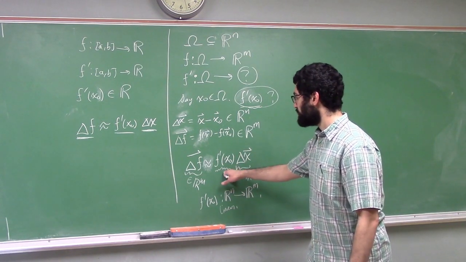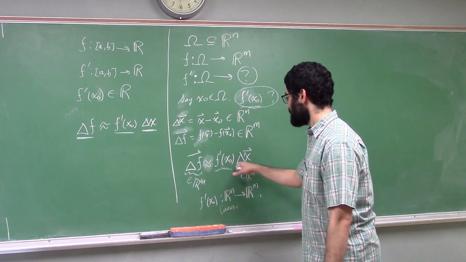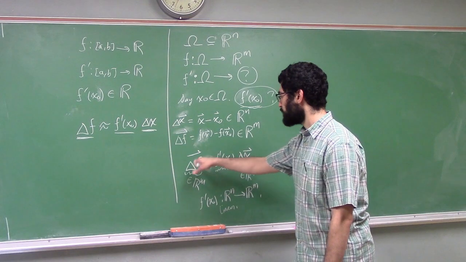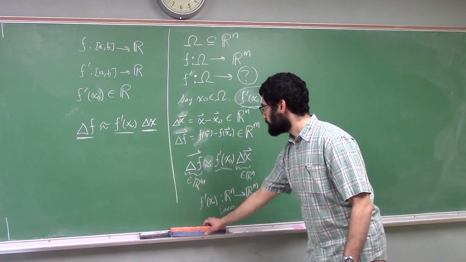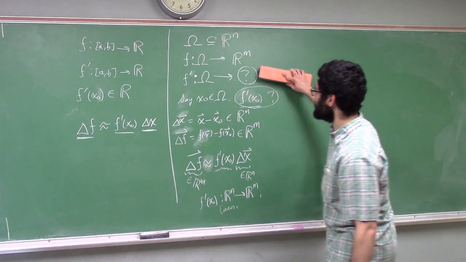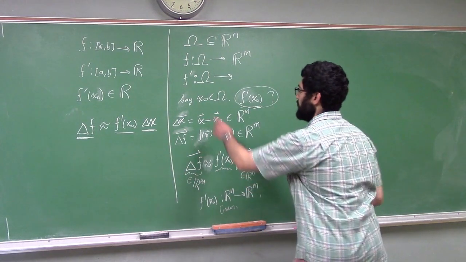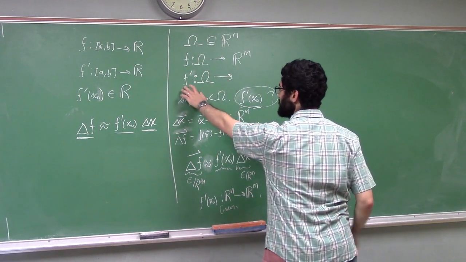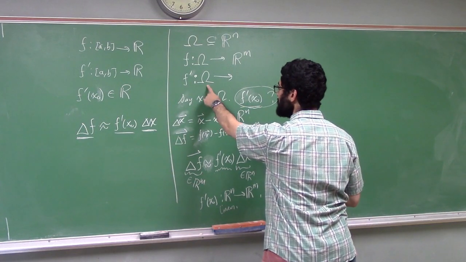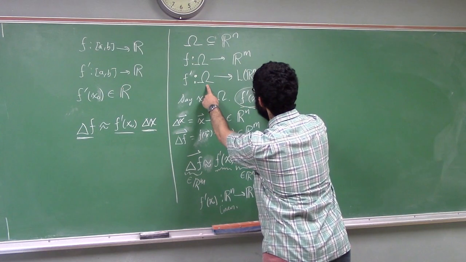So it tells you, to first order, or to linear order, how the outputs of the function respond to changes in the input. Okay, so now we can answer the question here. Assuming whatever limits are needed exist, f prime is going to be something that turns points in the domain into linear maps from Rn to Rm.